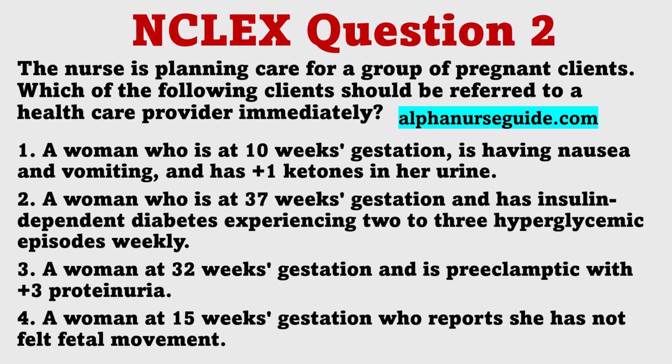The client at 10 weeks gestation with nausea and vomiting and +1 ketones should also be seen by a healthcare provider. But at this point, this client is uncomfortable, but her life is not in danger. The 15-week client would not be expected to feel her baby move this soon in pregnancy, and this would not be considered a problem that requires immediate referral to a healthcare provider.